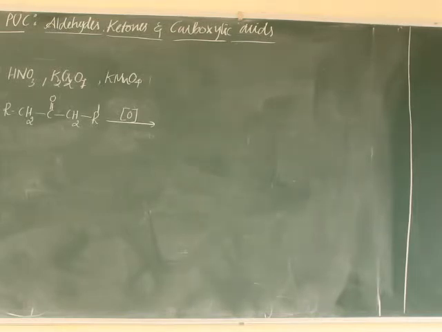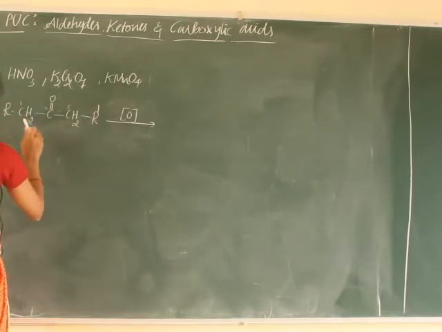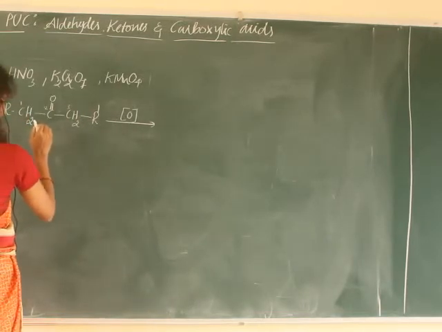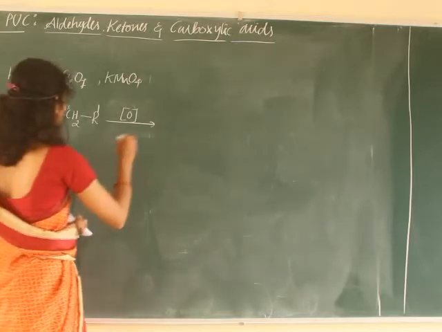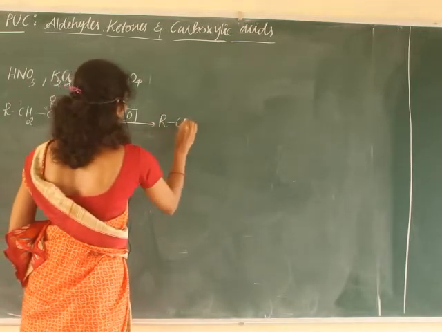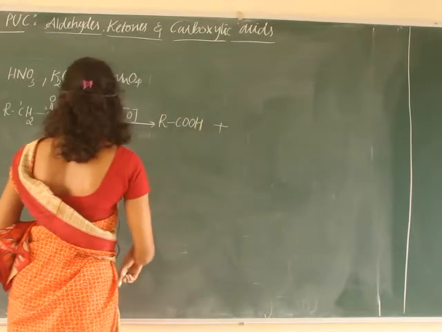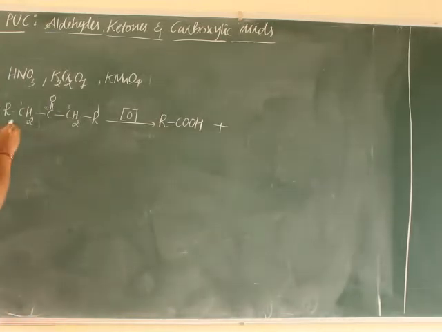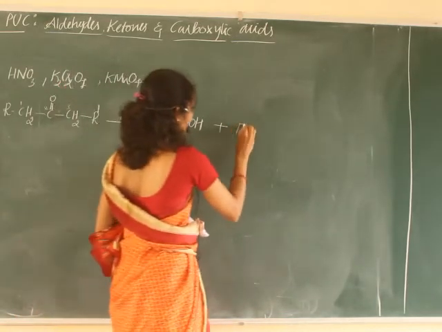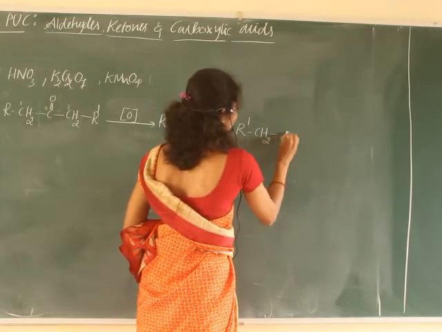Here, if I consider this as first carbon, second carbon and third carbon, C1-C2 bond cleavage results in the formation of products like RCOOH plus R'CH2COOH.